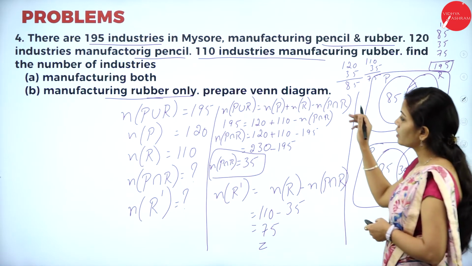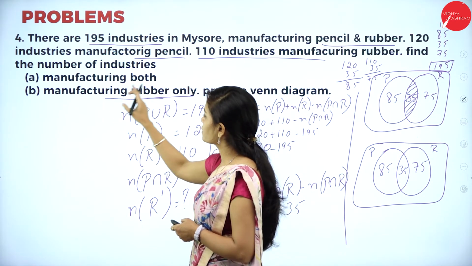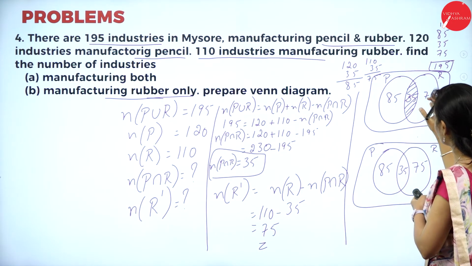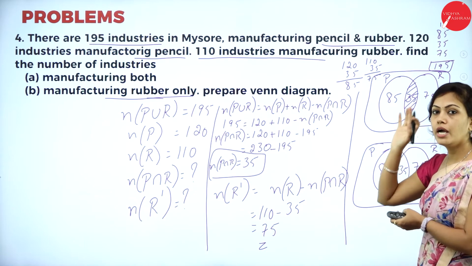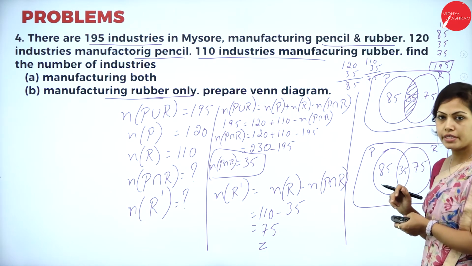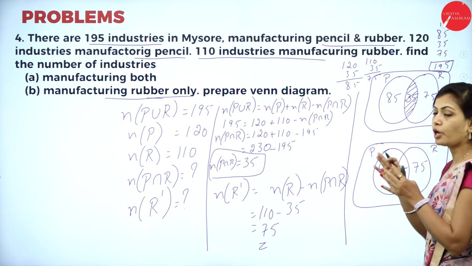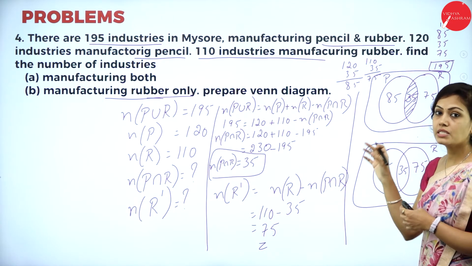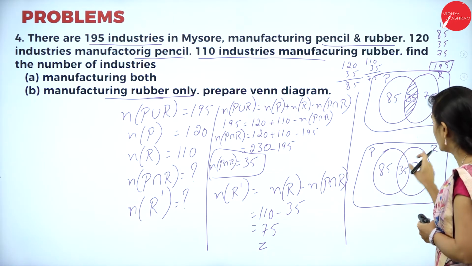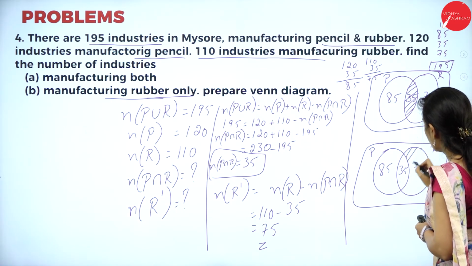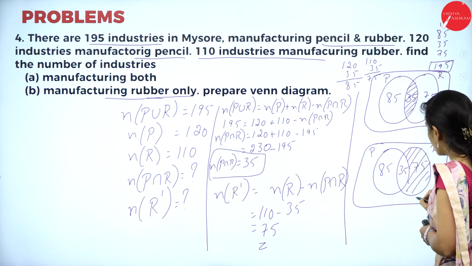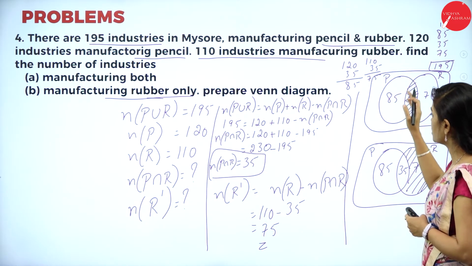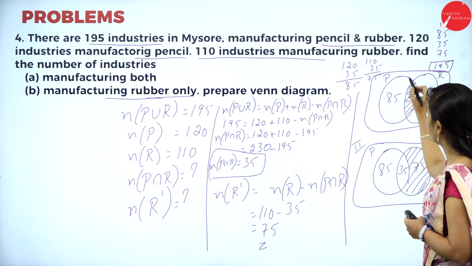So here the question is manufacturing rubber only. Already we got the value of manufacturing rubber only, that is 75. So here in this diagram you have to shade the particular region. How many industries can manufacture rubber only? That is 75 industries. So you can shade only this region. So this is your Venn diagram for the first question and this is for the second question.